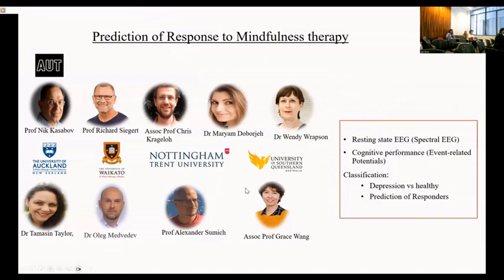And for this particular case study, which is about prediction of response to mindfulness therapy, we use EEG data and ERP. ERP is quite similar to EEG, but when you are performing a cognitive task, we are recording your brain signals.